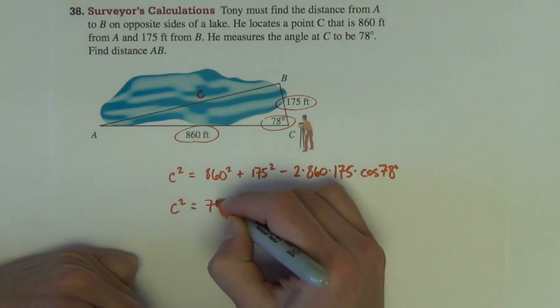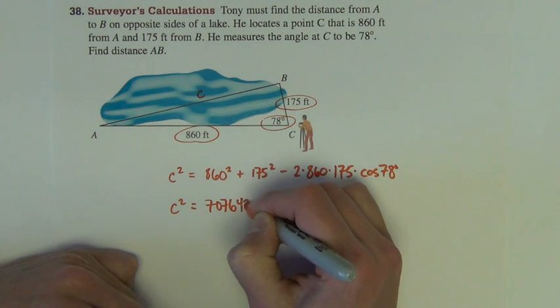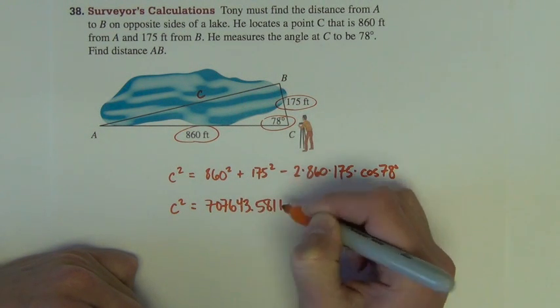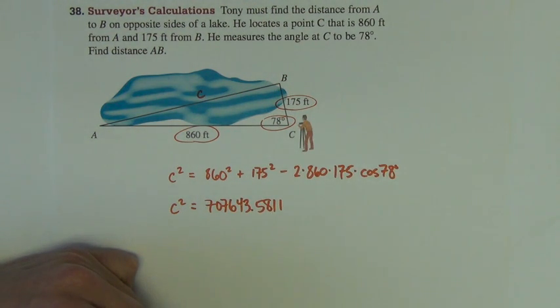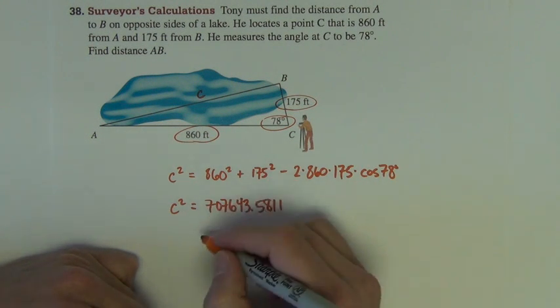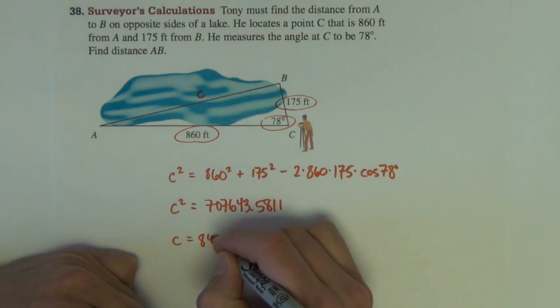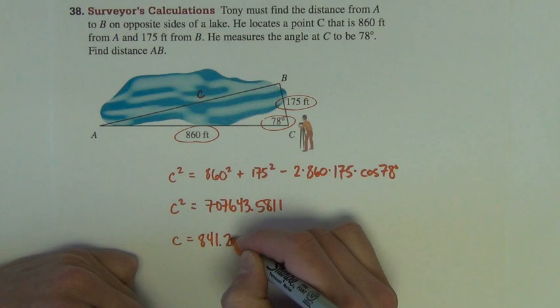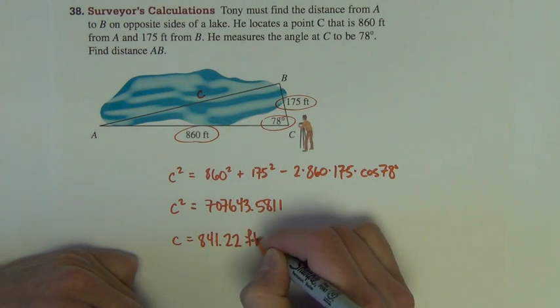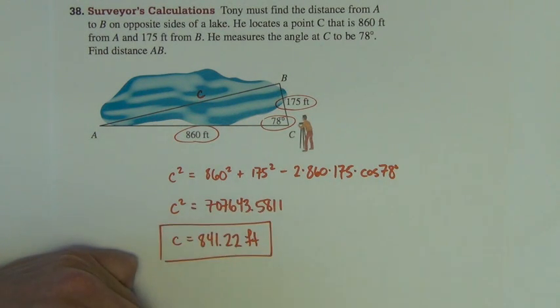And it is 707,643.5811. We want the square root of that number. I get 841.22 feet. That's it.